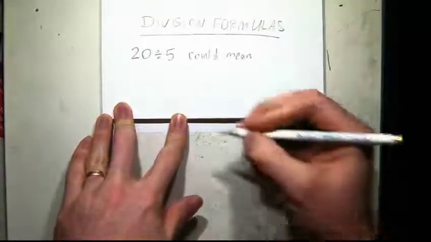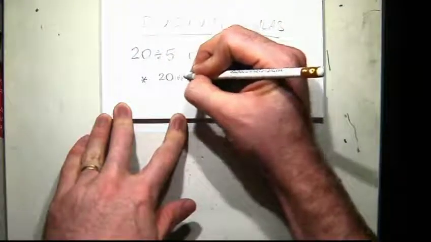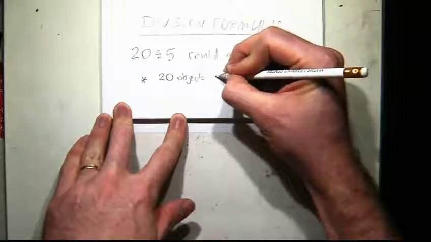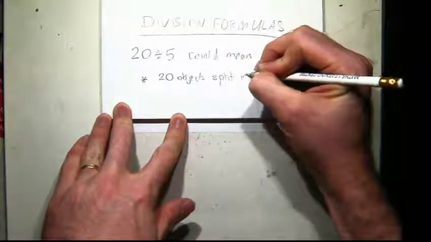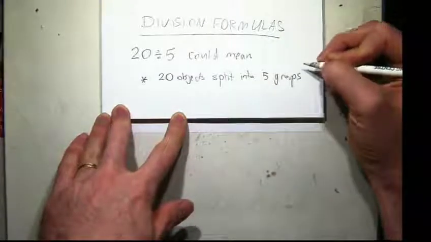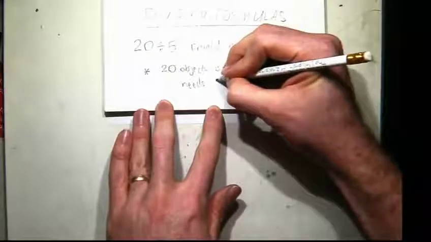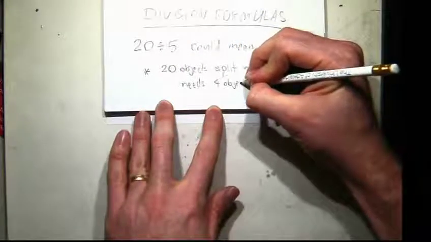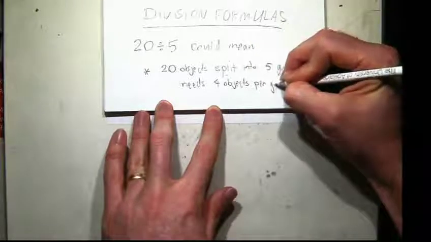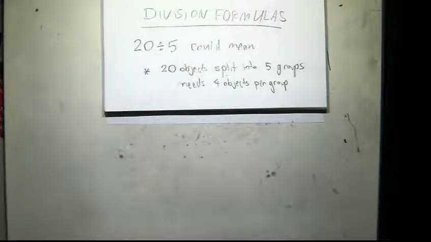It could mean 20 objects split into 5 groups needs 4 objects per group. It could mean that. 20 divided by 5 could mean cut 20 into 5 pieces, and 4 is how much must be in each piece.